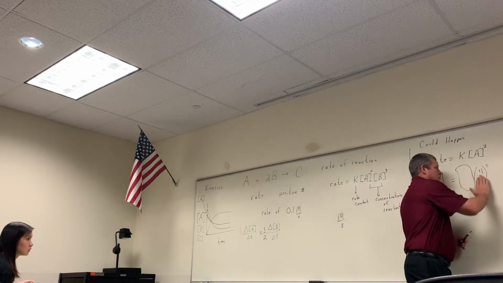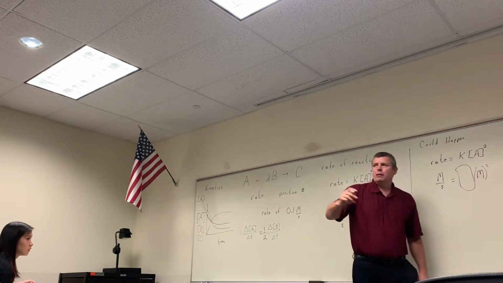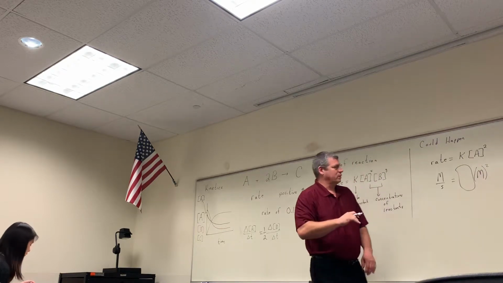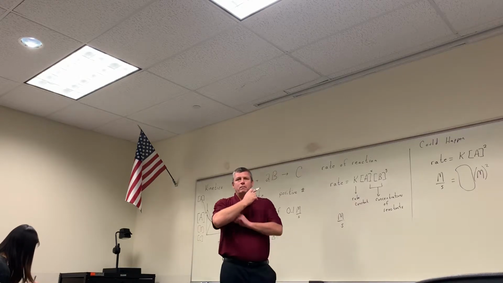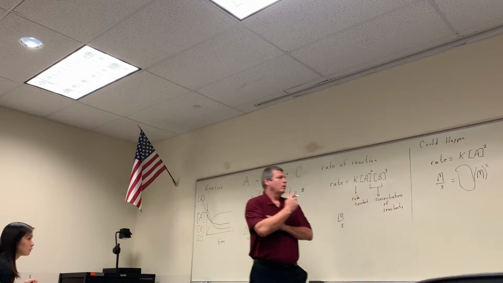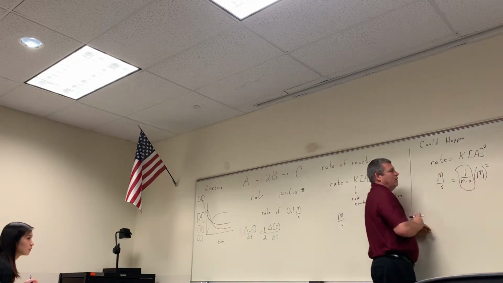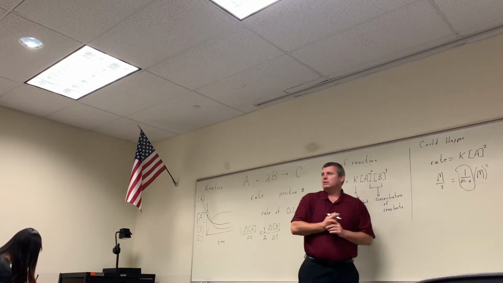I'm sorry, I lied about something. Oops. What are the units for A? Molarity. I'm going to keep them in molarity now, but you could break them down to moles per liter, sometimes for simplicity. A is molarity, right? So what are the units for K in here? In this case, 1 over molarity times seconds, because they have to cancel out one of the molarities and they have to produce the seconds, right?